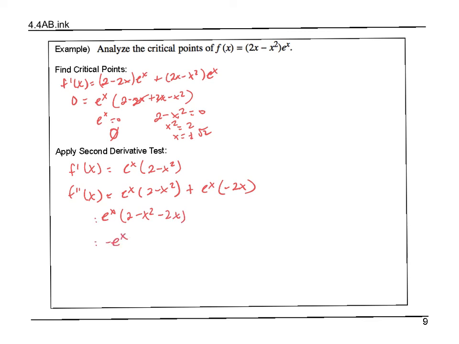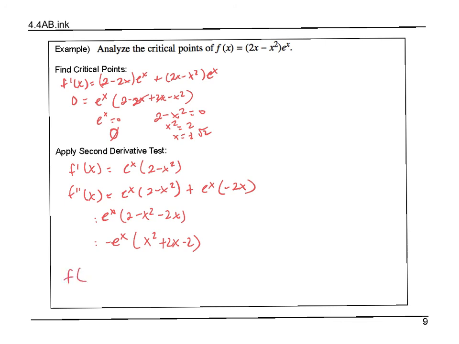I'm going to pull out a negative. Okay. So this is the simplest form of my second derivative, and all I'm doing here, I'm not continuing with interval testing and such. I just want to know, is my second derivative positive or negative at those critical point locations?